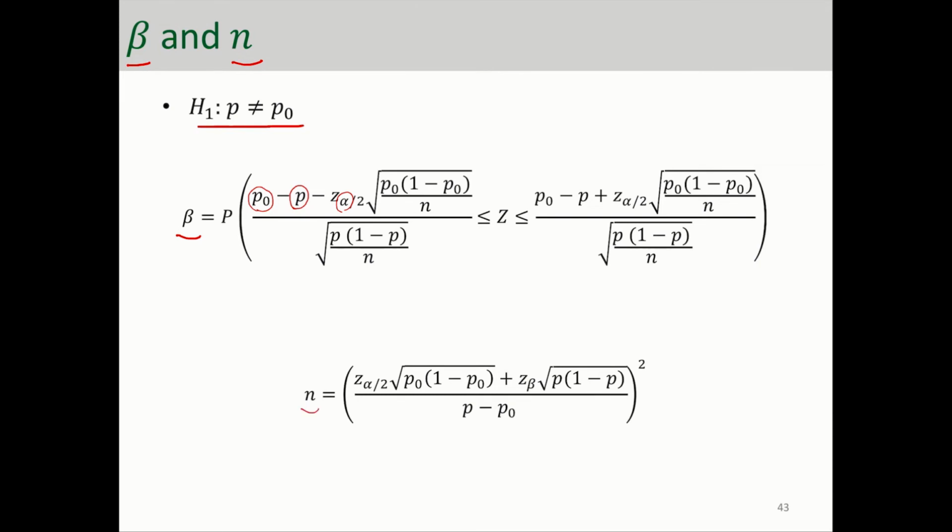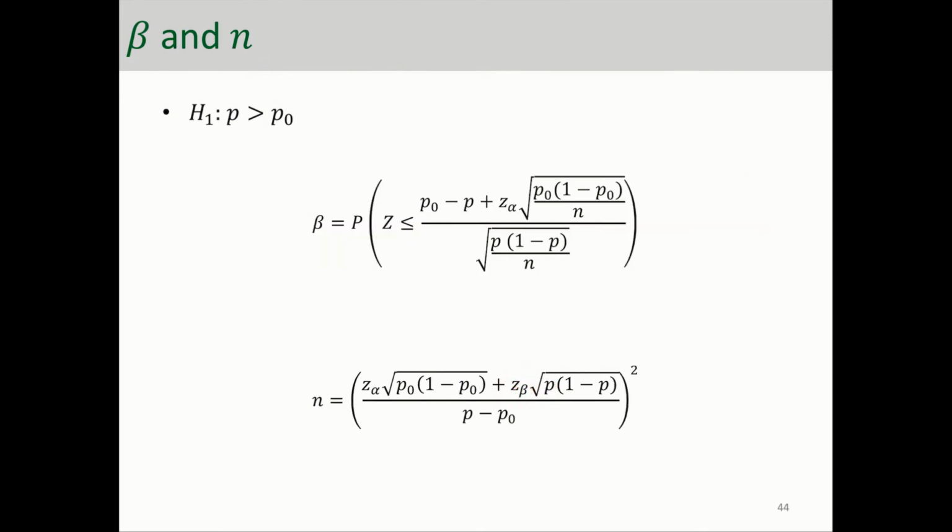Then you can also calculate the appropriate sample size. For that, you need to have a desired beta level in mind, and you also have to have an estimation for population proportion. Using those, you can calculate the appropriate sample size that will satisfy your desired beta level.